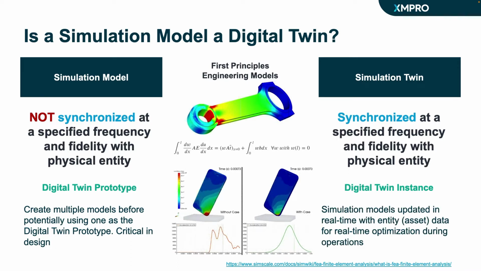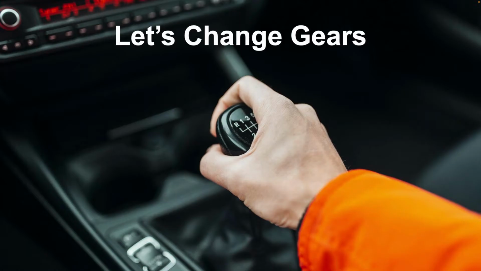When I take that same simulation model and I wire it up and synchronize it at a certain frequency and fidelity, that's when it becomes a simulation twin versus a simulation model. So that's just at a very high level some of the concepts that we refer to quite often when we talk about digital twins. But let's change gears and talk around the strategy side of things.